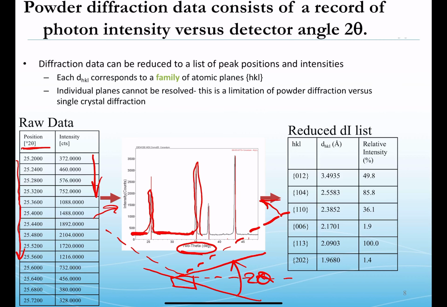Okay, and then through either tabulated information and what's known for certain materials, we could identify planes detected, so identify the d values from Bragg's law ultimately by solving for Bragg's law, solving for d, and then deducing what planes must be responsible, and we'll see that in a moment.